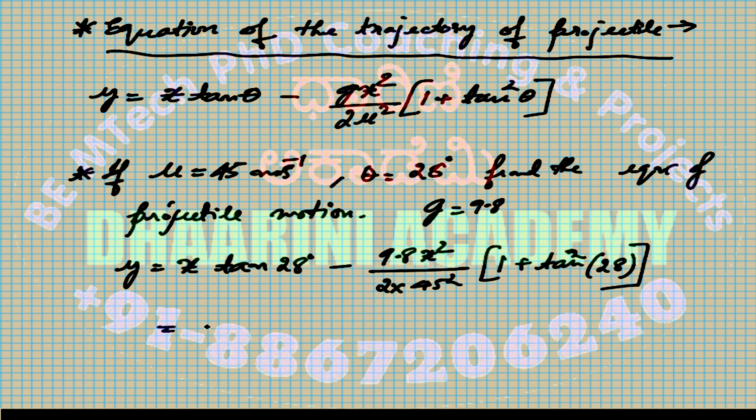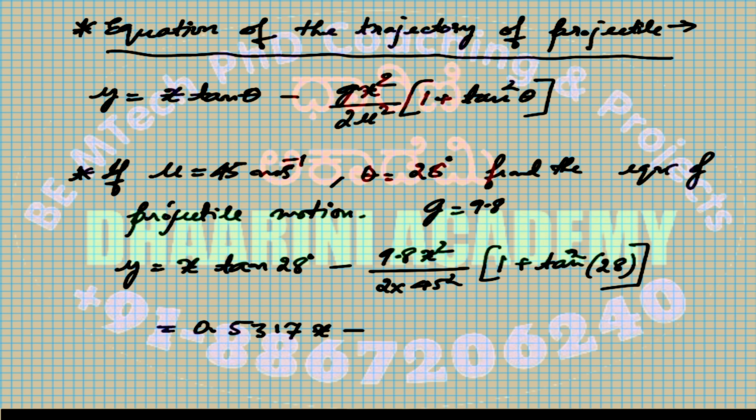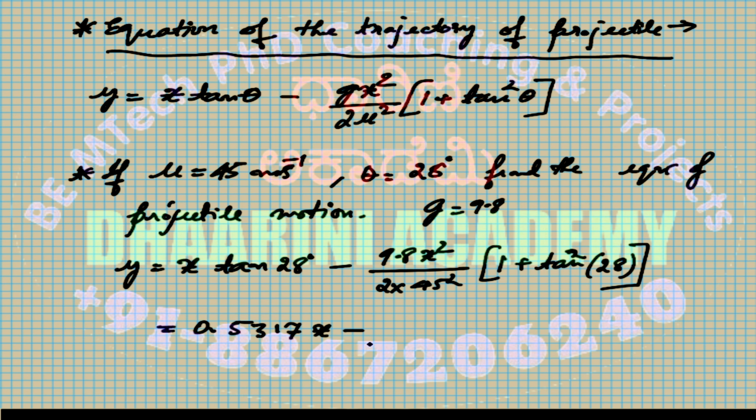This becomes equal to 0.5317 into x minus, let's calculate this, 1 plus tan 28 square divided by 2 into 45 square, which is 3 into 10 to the minus 3 x squared.